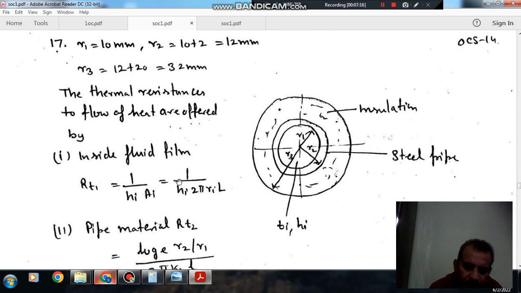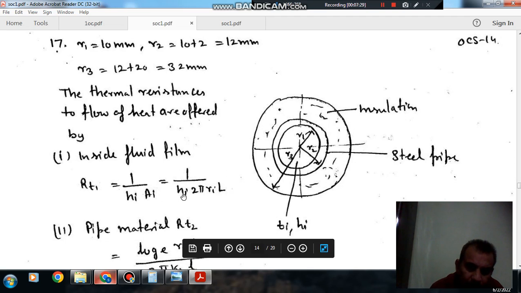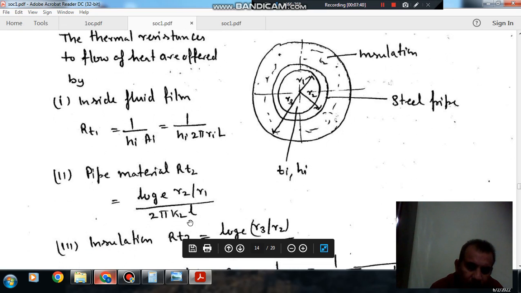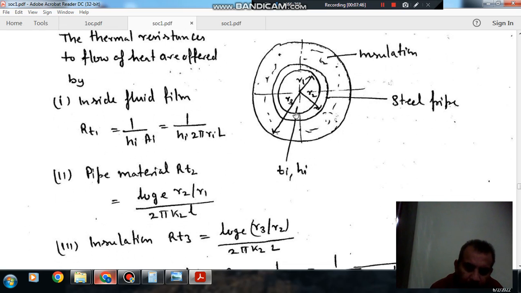These are the thermal resistances. Inside there is a liquid film, so its thermal resistance will be 1 by Hi Ai, so that will be 1 by Hi 2 pi Ri L. For the pipe material, it is ln(R2 by R1) divided by 2 pi K1 L, where K1 is the conductivity of the pipe material.